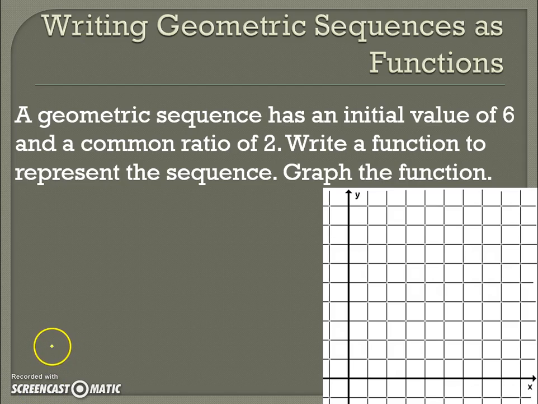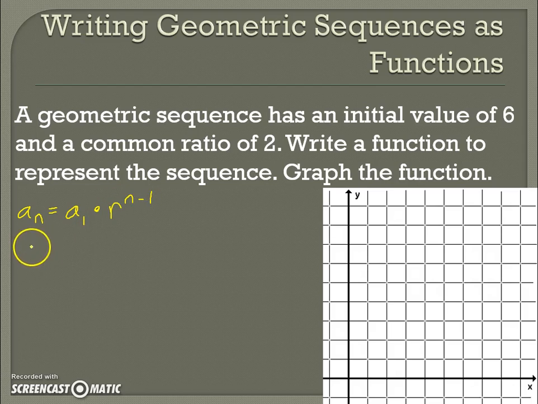All right, so let's keep going, writing geometric sequences as functions. It says a geometric sequence has an initial value of 6 and a common ratio of 2. Write a function to represent the sequence. Graph the function. So to write the function, we're going to use the explicit formula, which is A of n equals A1 times r to the n minus 1.